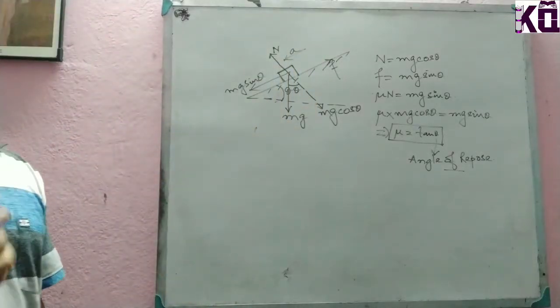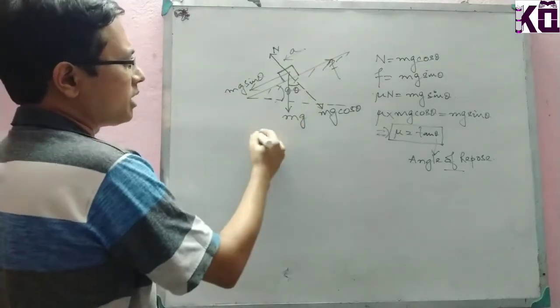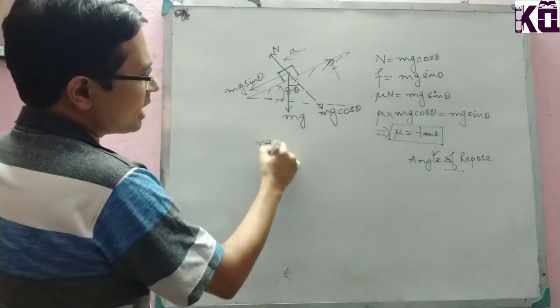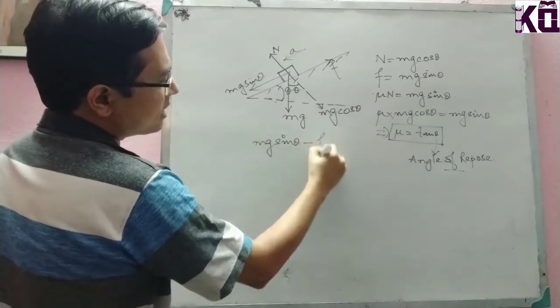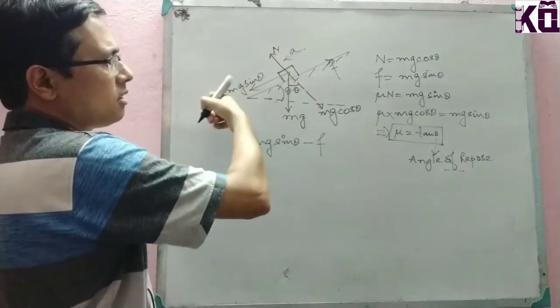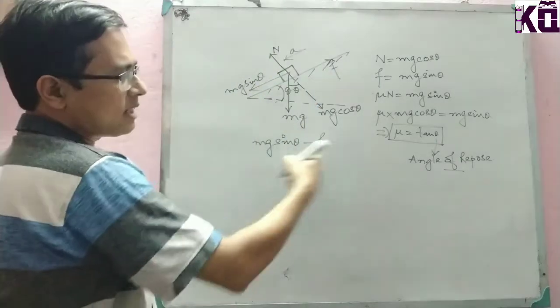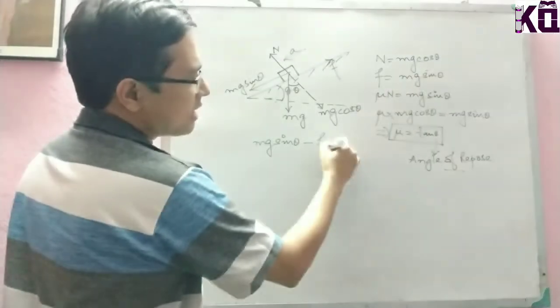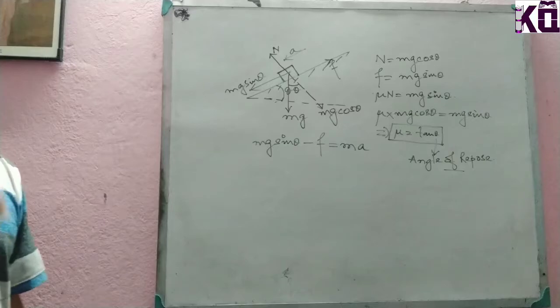So now there is Newton's laws. So the force equation, we can write this one as mg sin theta minus f. Mg sin theta is the lower direction force, f is the upper direction force. So the resultant force is this, and resultant force is equal to mass into the acceleration in that particular direction.